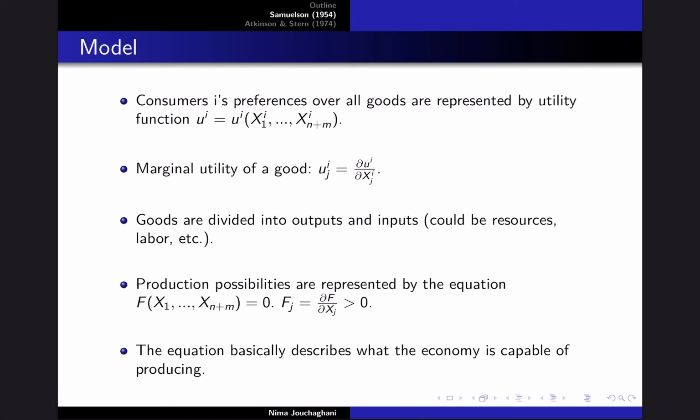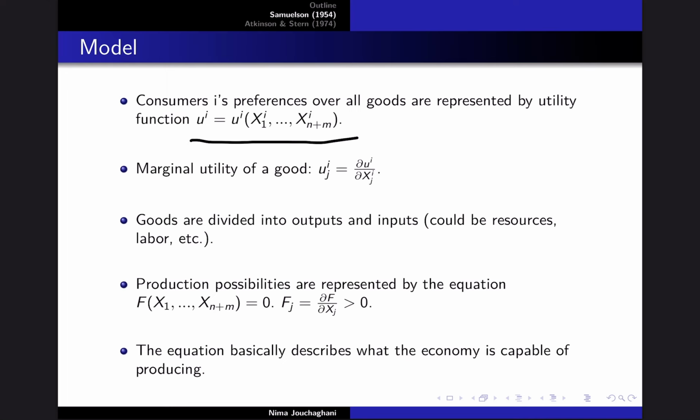So consumers have preferences over the goods in the economy, both over the private goods and over the public goods. And the preferences are represented by a utility function, which is stated here, which depends simply on all the goods which are available in the economy.